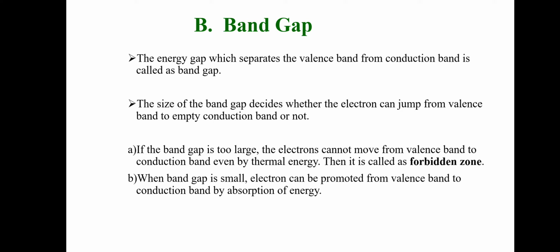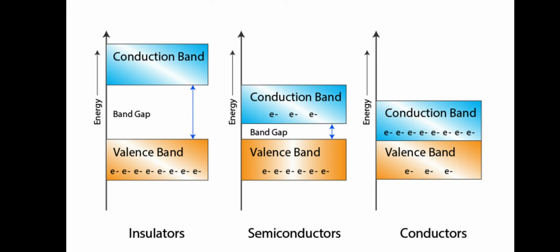If the band gap is too large, the electron cannot move from the valence band to the conduction band even if thermal energy is applied, and this is called a forbidden zone. If the band gap is small, an electron can be promoted from the valence band to the conduction band by absorption of energy.